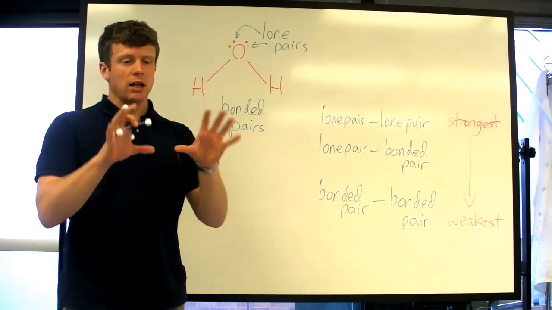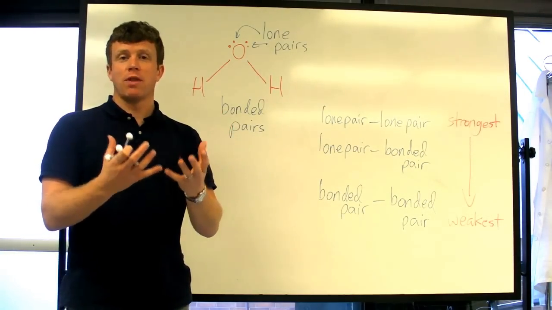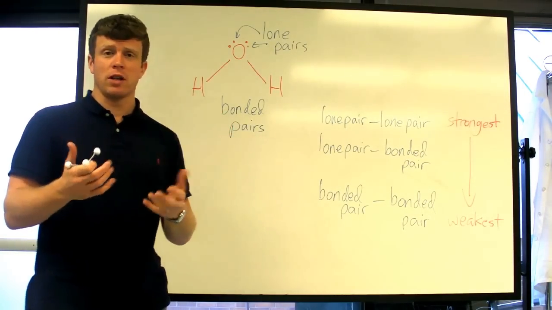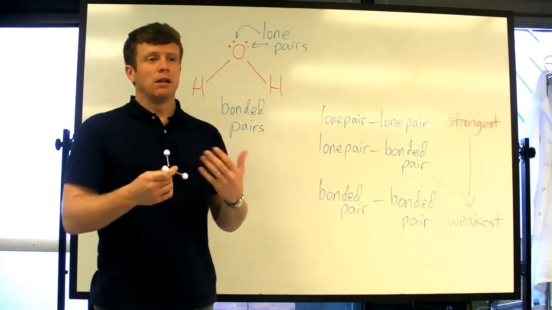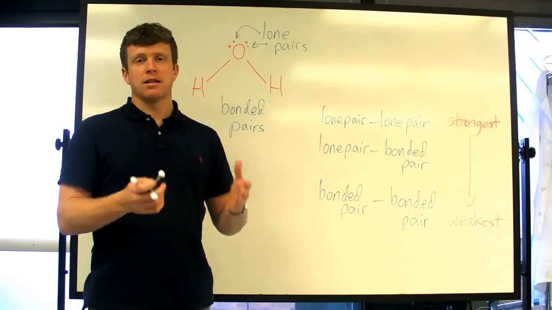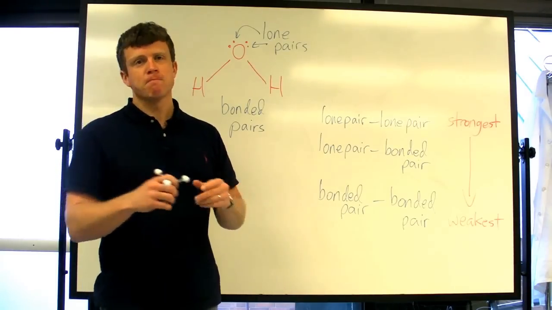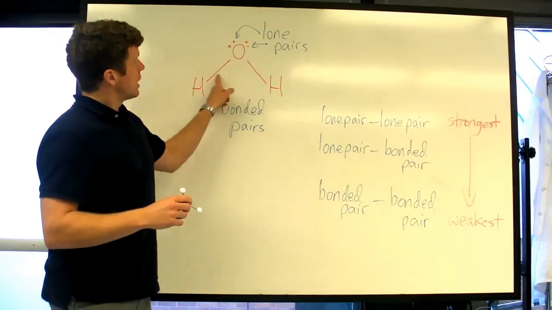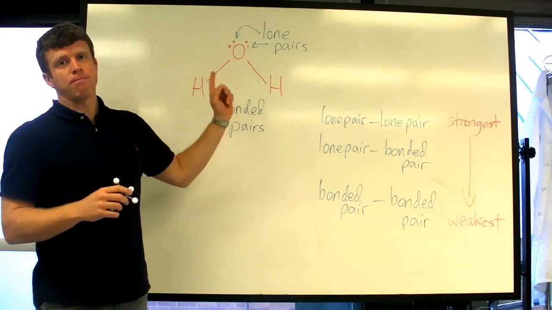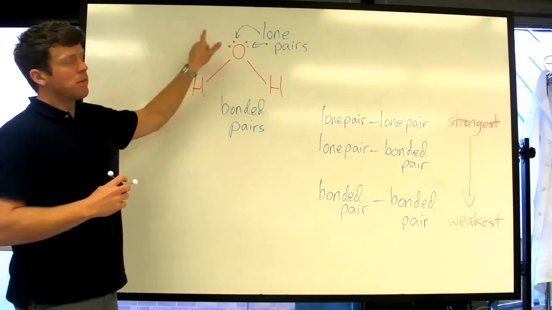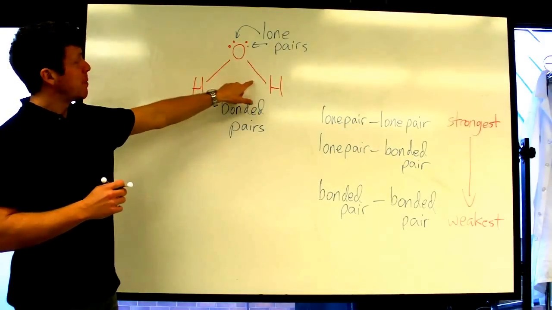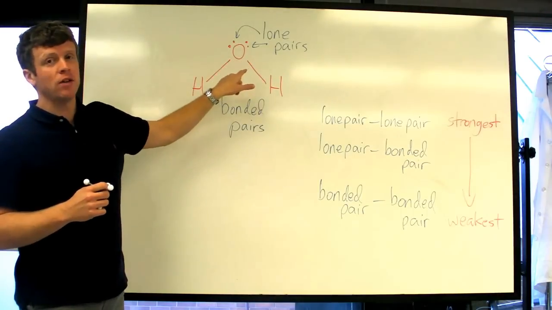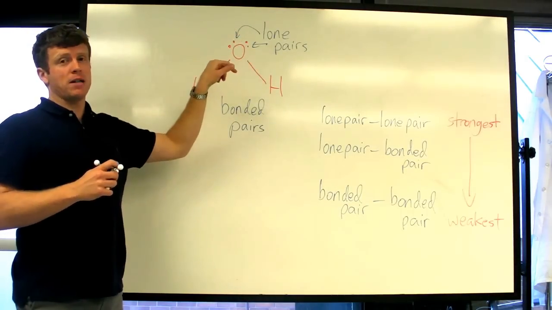All the electrons have negative charges, and therefore they're all going to repel each other because they all have the same charge, and the law of electrostatics states that like charges will repel each other. So these electrons are all pushing each other away, and the shape that molecules end up with really depends on the type of electrons that they have, whether they're lone pairs or bonded pairs.